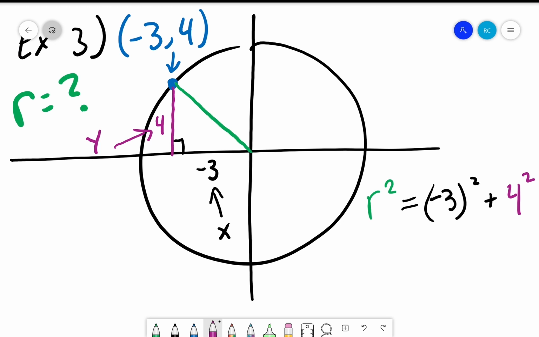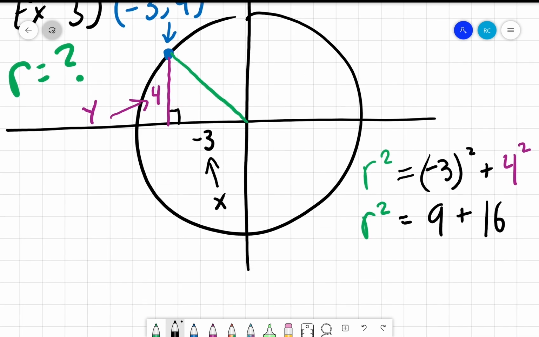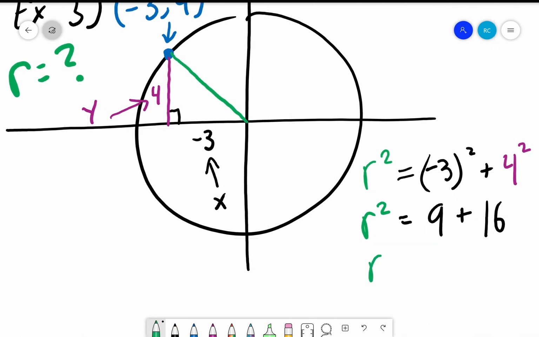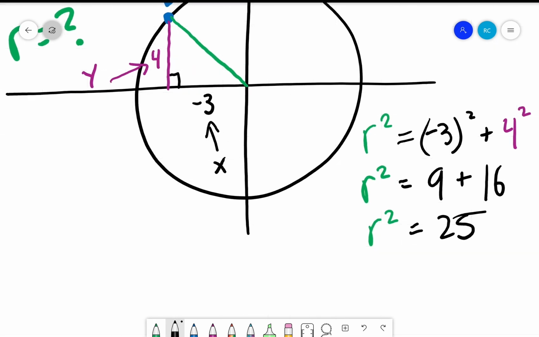Okay, so -3 times -3 is +9. 4 squared is 16. So we get r squared equals, let's see, 16 and 9 is 25. So we get r squared equals 25, which means that our radius is 5.